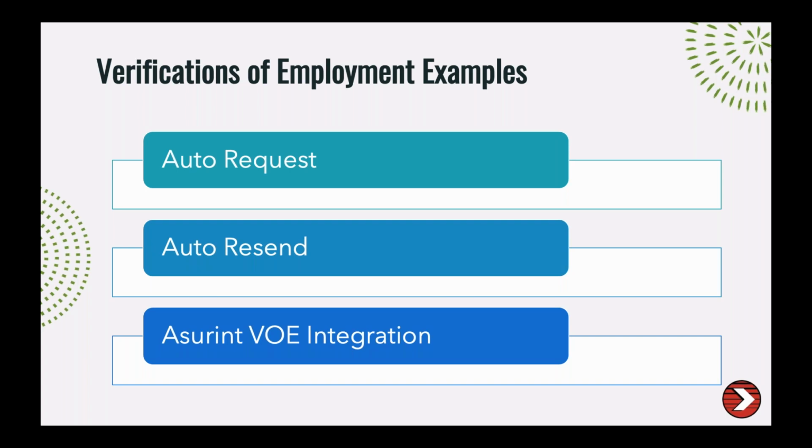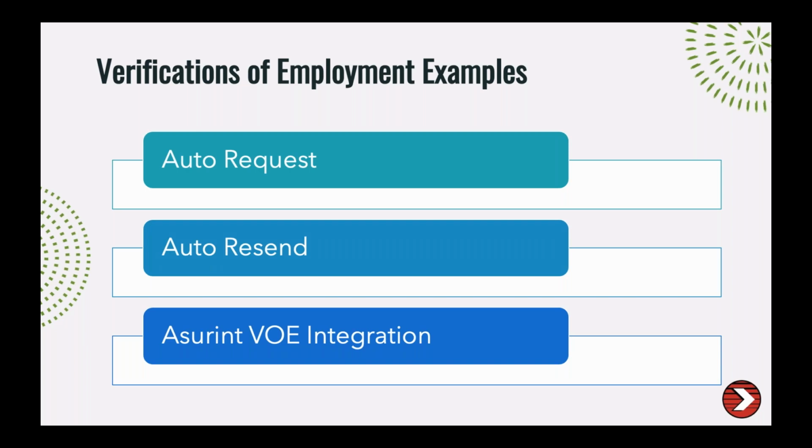We also have a VOE integration with Assurant. So if you're using Assurant for background screening reports, there's also a feature available where they can assist you with getting verifications of employment. A lot of times, I'm sure you've come across examples where you're trying to reach out to maybe a smaller company, a mom and pop place, and it's really difficult to get the information.